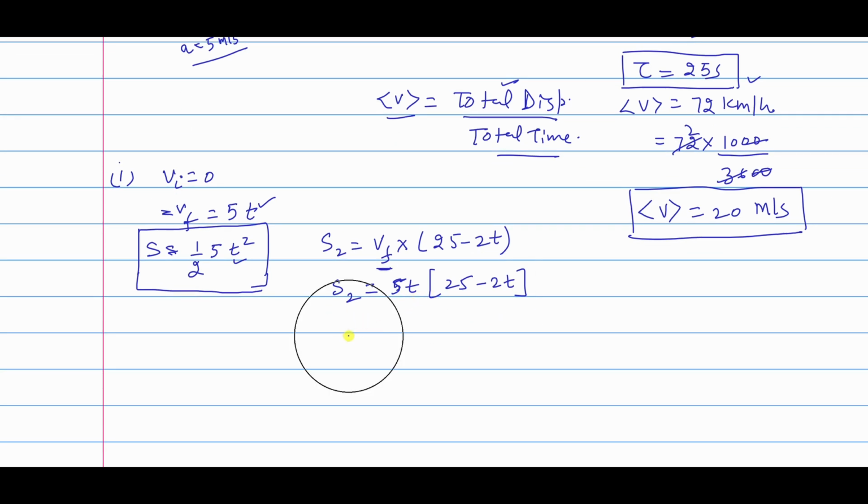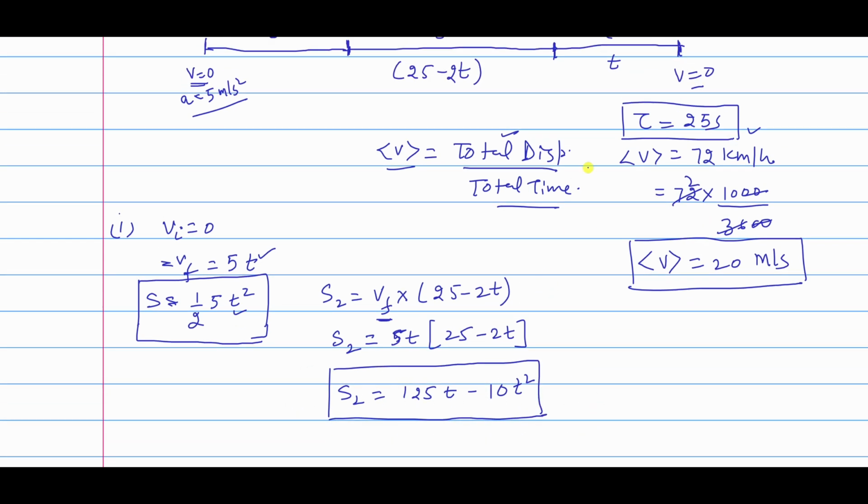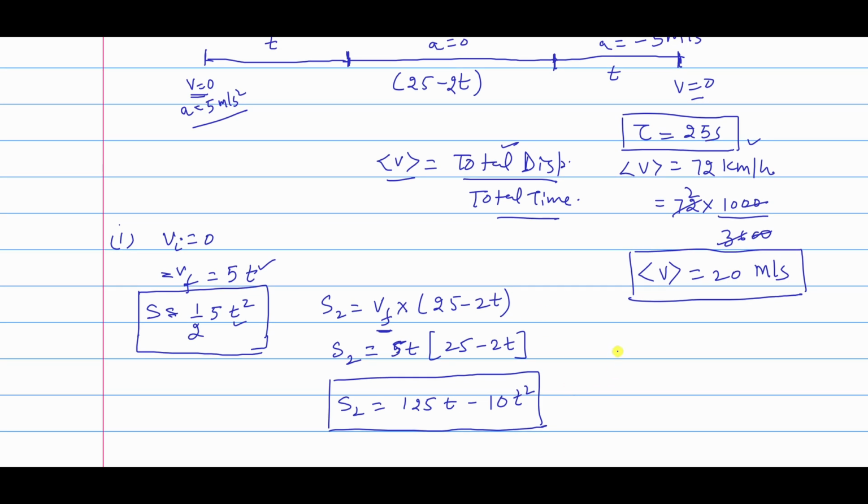Actually, s2 is equal to 125t minus 10t square. Okay, and then the distance traveled during this time: our initial velocity in this case is vf.